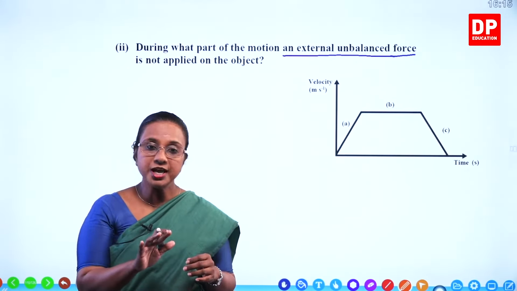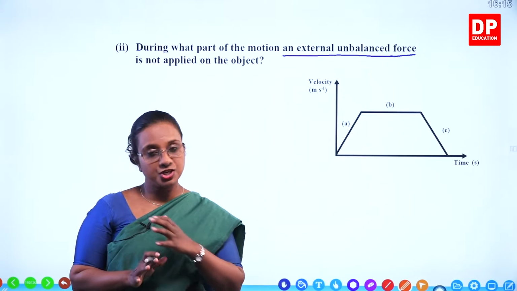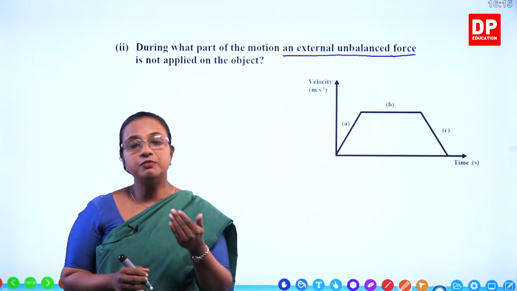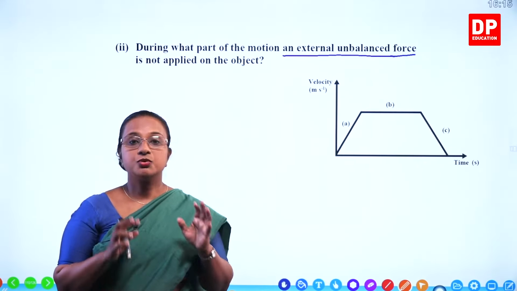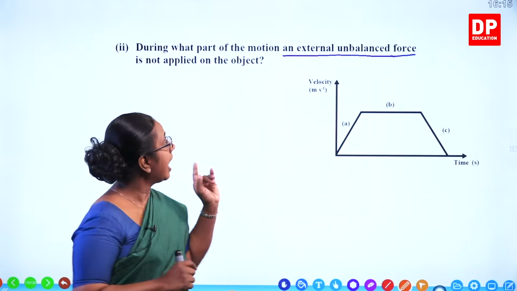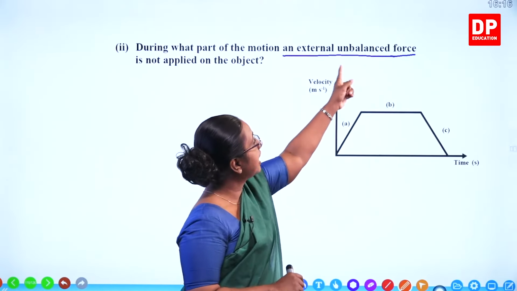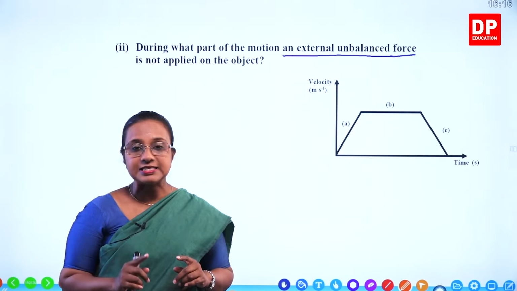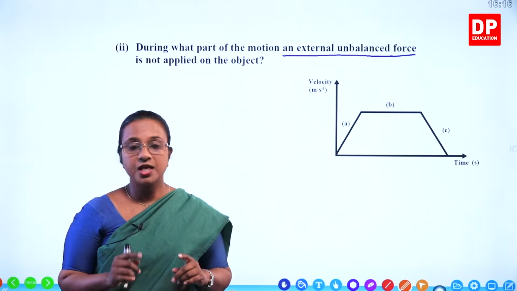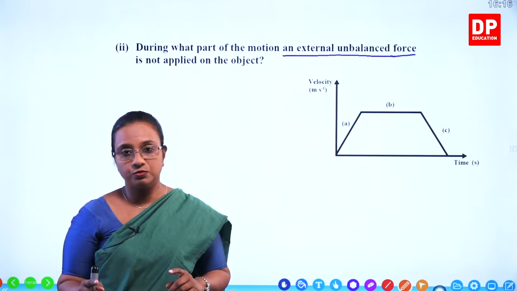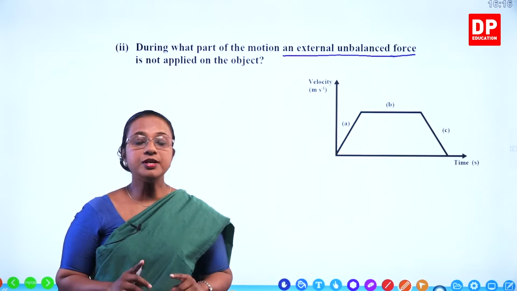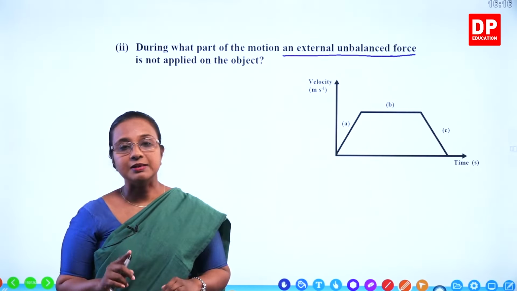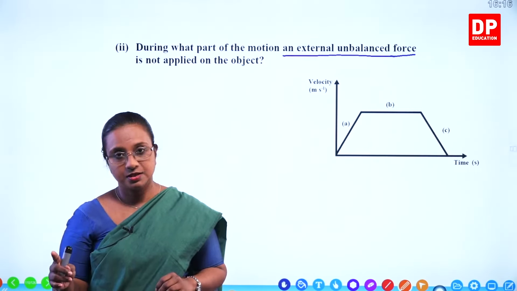You push the object, it will move towards the direction that you push, or if you pull the object, it will move towards you. So this push and pull are the external unbalanced forces. So when you apply an external unbalanced force, the object will move. So if you don't apply an external unbalanced force, the object will be at rest.